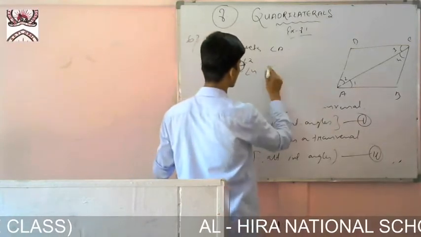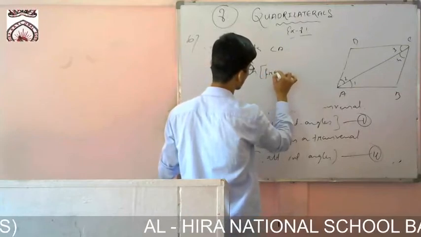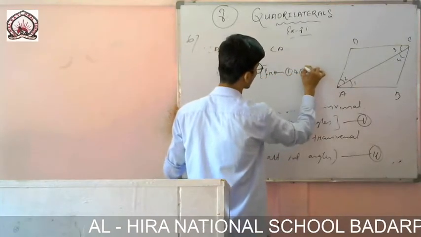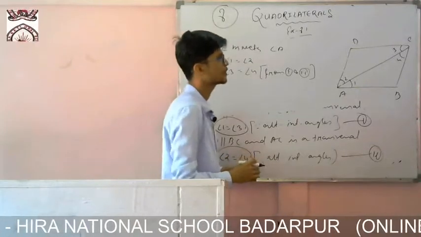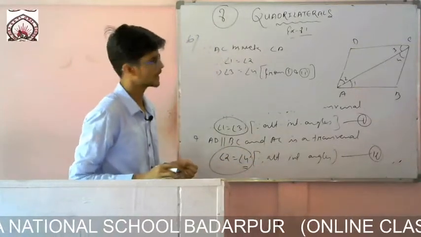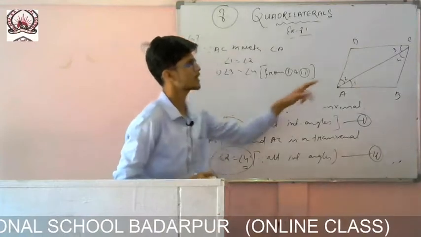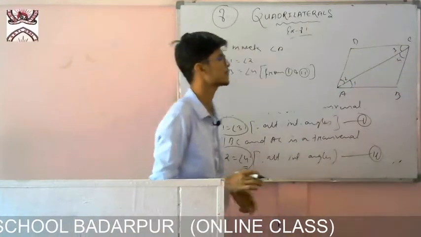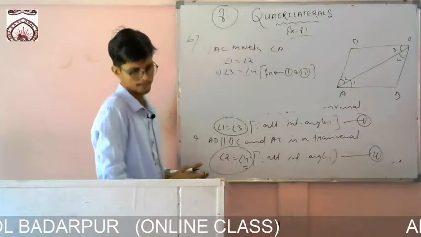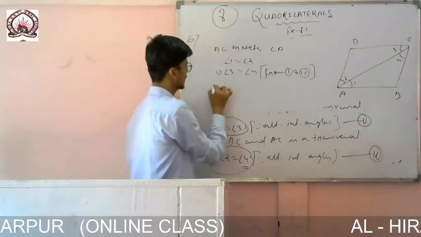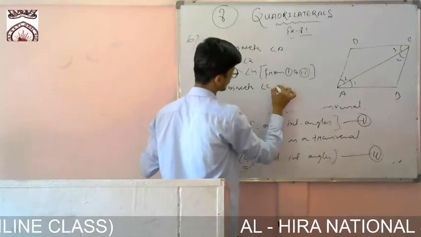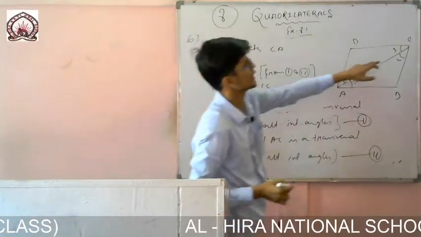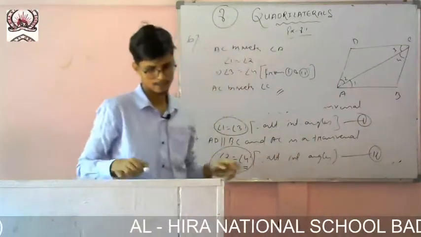So what have we proved? That angle 3 is equal to angle 4. That means angle C is also bisected by AC. So therefore AC bisects angle C.